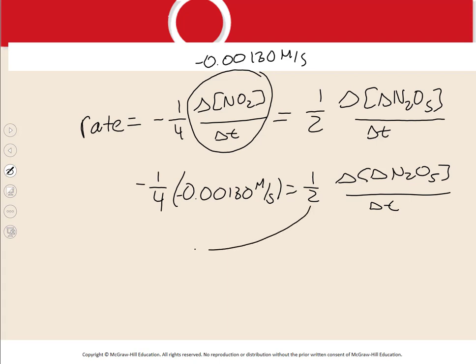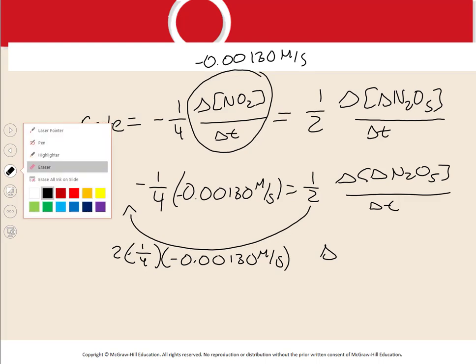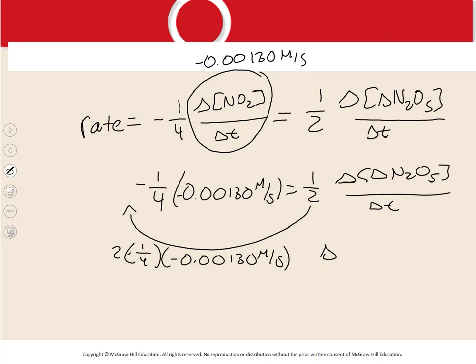So if we take the 1/2 to the other side, 2 times negative 1/4 times negative 0.00130 molar per second equals the change in N2O5 over time.